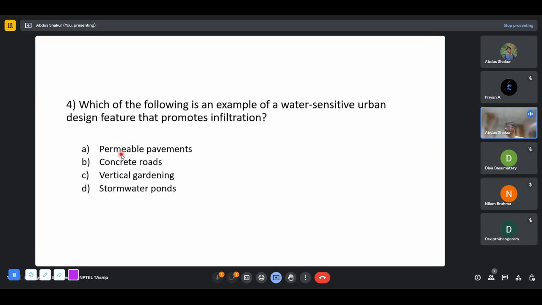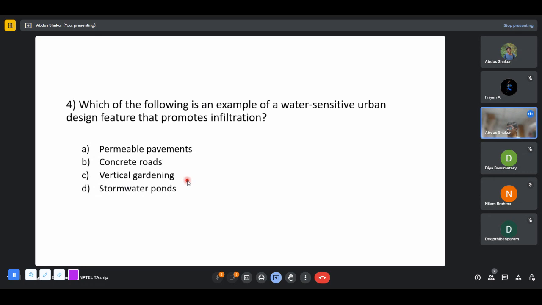Going ahead, the fourth question: which of the following is an example of a water-sensitive urban design feature that promotes infiltration? Basically, which of these four features will allow a lot of water to go into the ground? Permeable pavements, pavements that allow water to go through them. Concrete roads. Vertical gardens, where you grow gardens vertically.